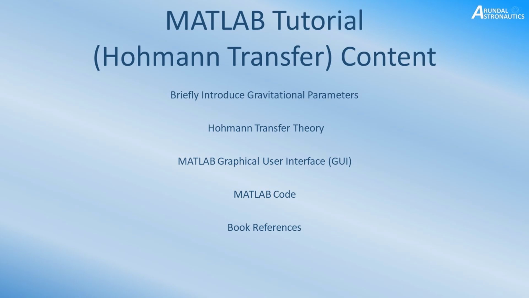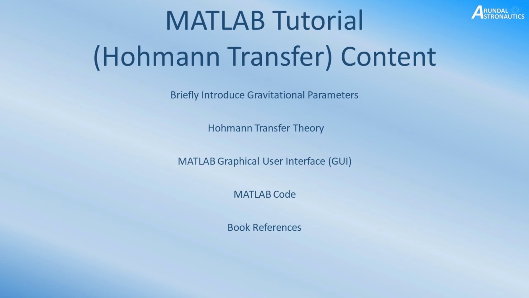So in this video we're going to have a look at some of the theory that's required to calculate a Hohmann transfer, and that includes some of the gravitational parameters and some basic orbital mechanics. We're also going to combine this into MATLAB, which is the main focus of this video, and we're going to use a graphical user interface that I've built, and I will share as well the MATLAB code that I used to create this calculation.